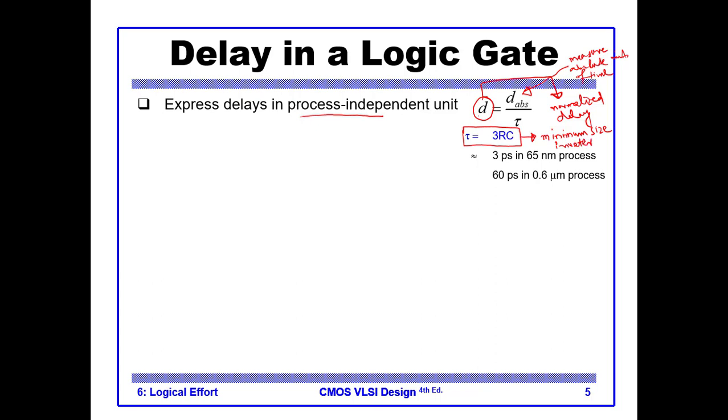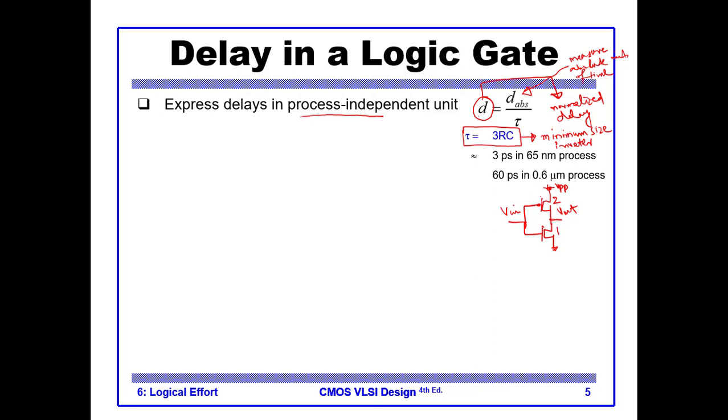So remember that an inverter had a PMOS and an NMOS. These two are connected. So we have here the V in, here we have the V out. Remember that this was size 2, this was size 1.